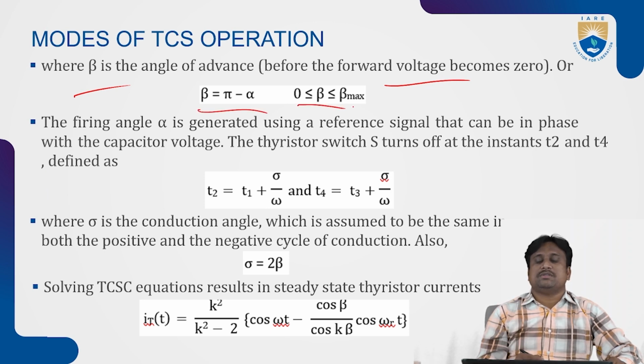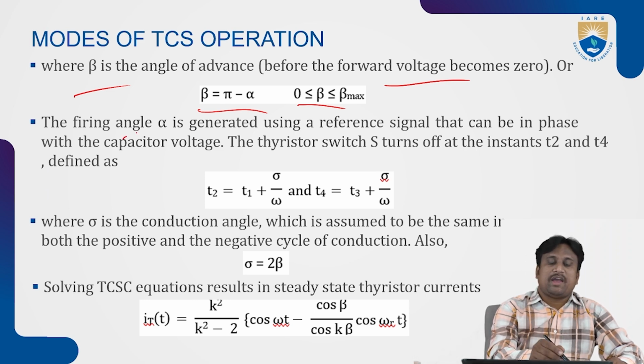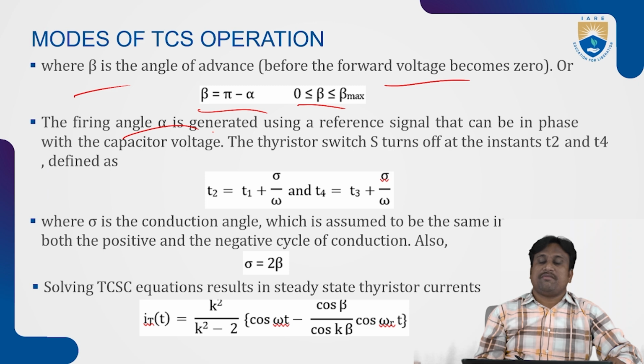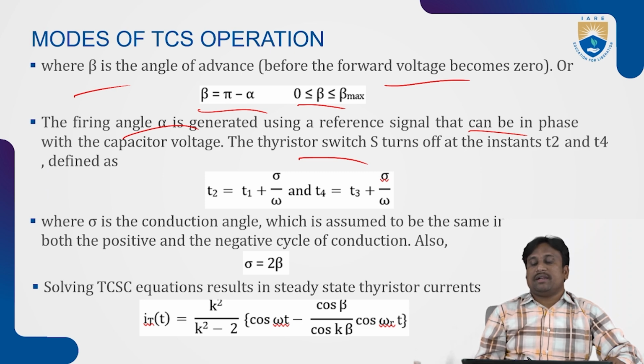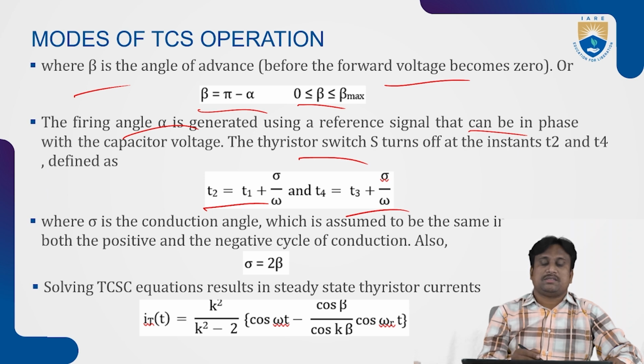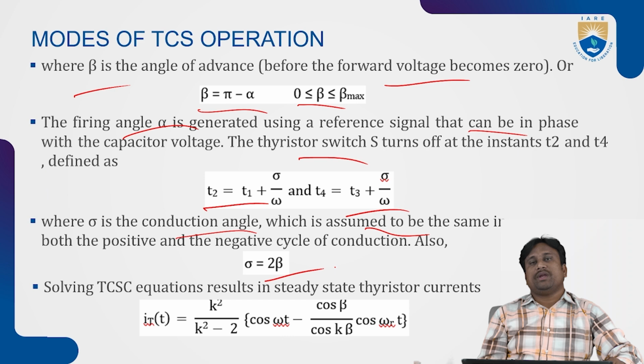This ranges from 0 less than or equal to beta less than or equal to beta max. The firing angle alpha is generated using a reference signal that is in phase with the capacitor voltage. The thyristor is switched off at the instants T2 and T4, defined as T2 equals T1 plus sigma by omega and T4 equals T3 plus sigma by omega, where sigma is the conduction angle, assumed to be the same in both the positive and negative cycles, and sigma equals 2 beta.